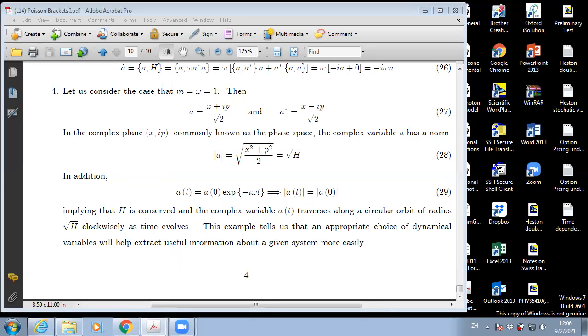As shown here, the magnitude of a gives you the square root of H. Because H is equal to a star times a: a complex number multiplied by its conjugate gives you the norm squared.